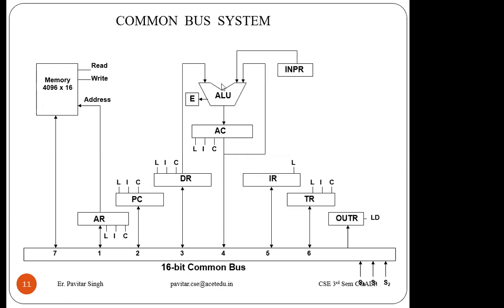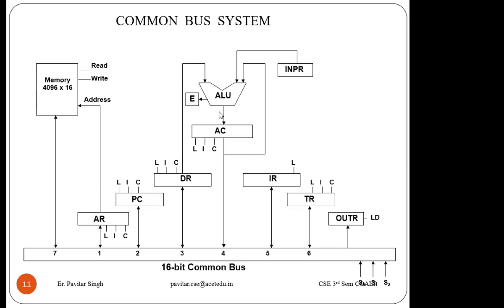Then the AND operation will be performed and the result will be stored back to the accumulator itself. Whenever you press any key from your keyboard, the 8-bit character will be stored into INPR, which is sent to the ALU.